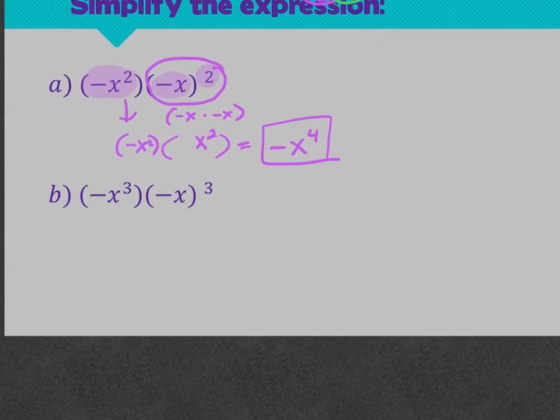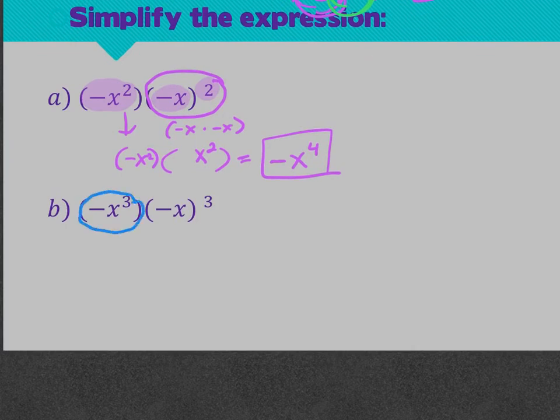So now look at B. B is negative x to the 3rd. This is already done, so this is going to get carried down. But this one is negative x to the 3rd. That means negative x times negative x times negative x. Odd number of negatives means that's going to stay a negative. So even exponent and the negative goes away, odd exponent and the negative stays.